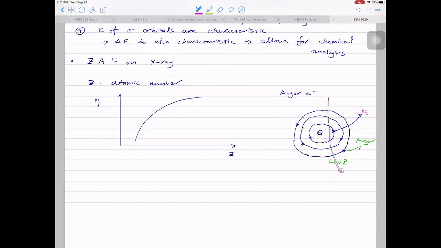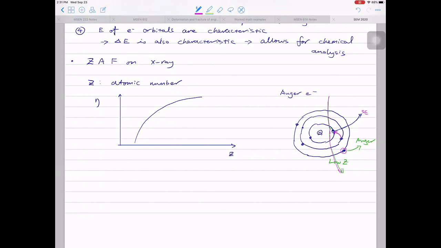Let me put it this way. I forgot one step. The electron from the outer shell will jump in to fill the hole. Then the excess amount of energy, instead of being released as X-ray, will be used to kick out one of the outer shell electrons. And this electron is called an Auger electron.